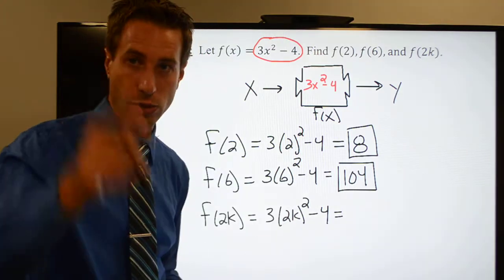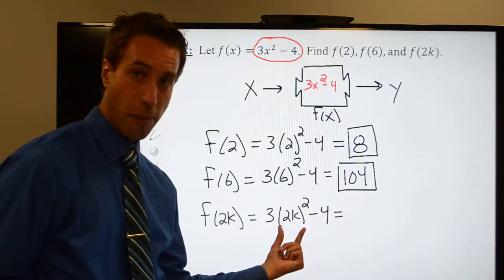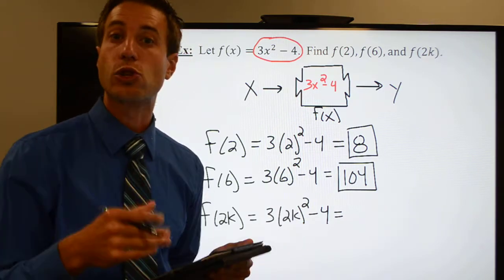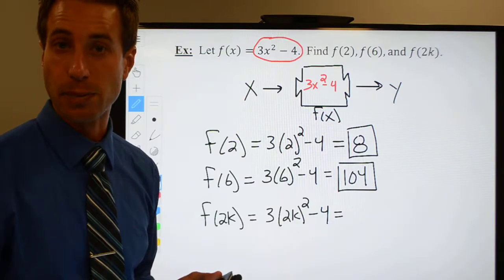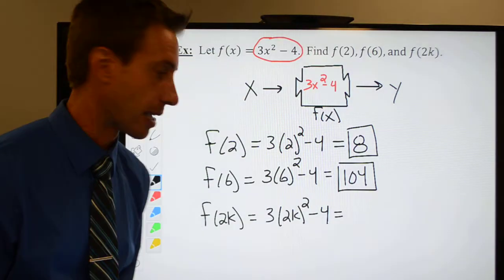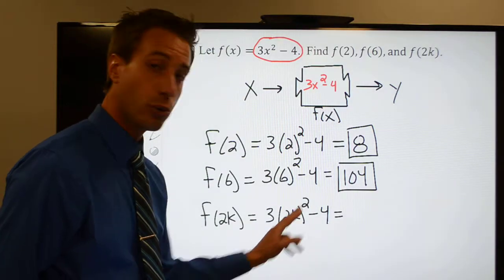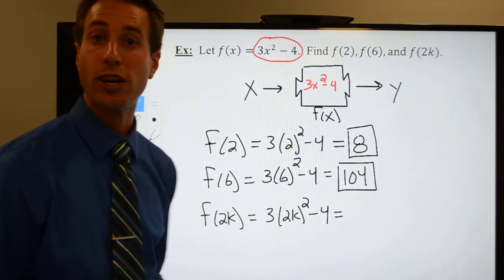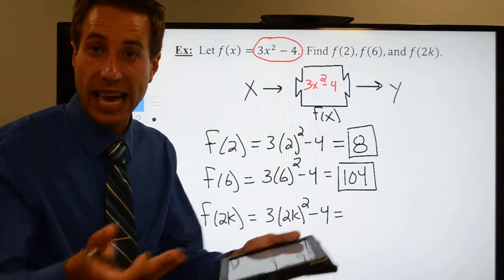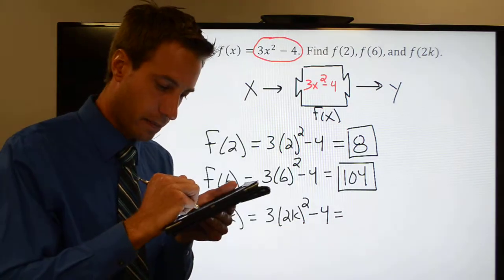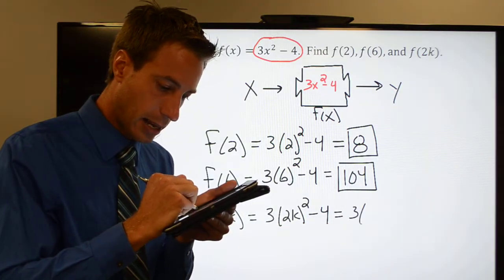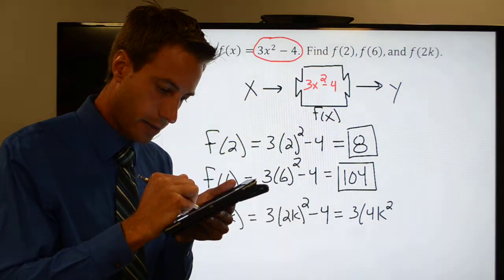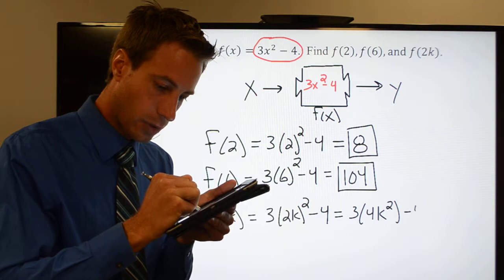So here's what you need to remember. This is a property of exponents. Whenever you have a product squared, you have to square everything inside the parentheses. So this will be a 2 squared as well as a k squared. Well, 2 squared is 4, and k squared, I don't know what k is, so we're just going to write k squared. So this will be 3 times 4k squared minus 4.